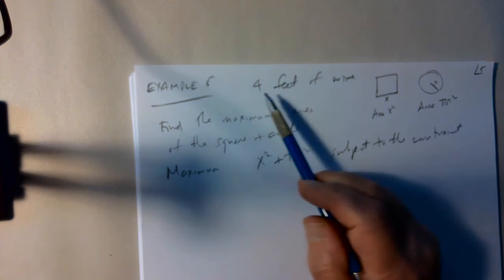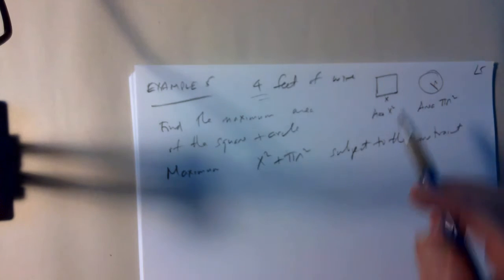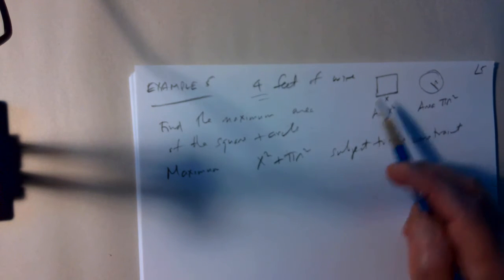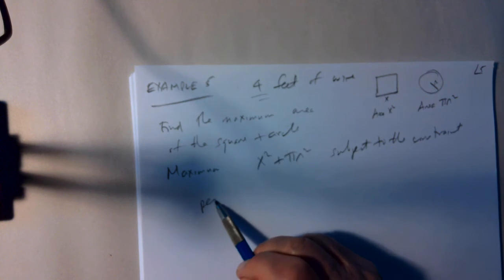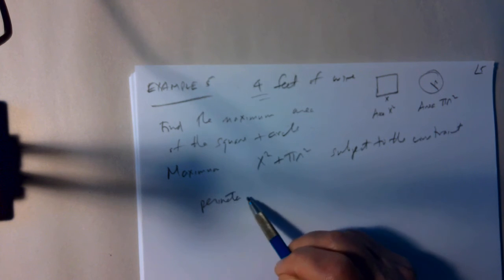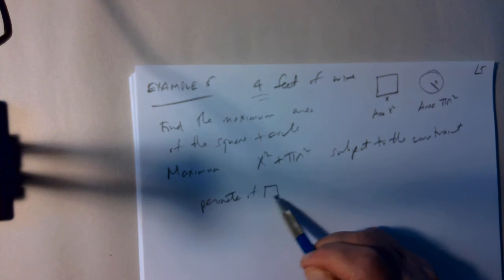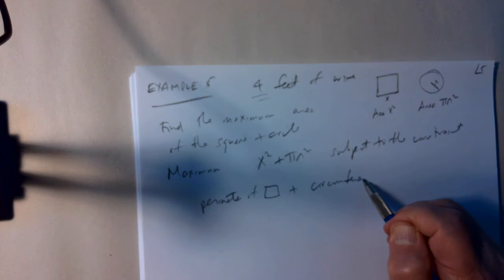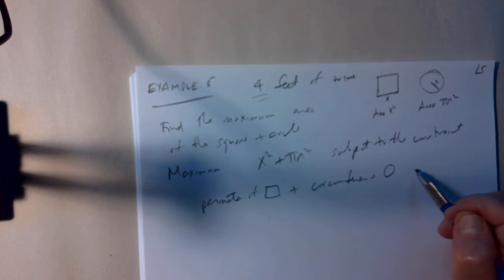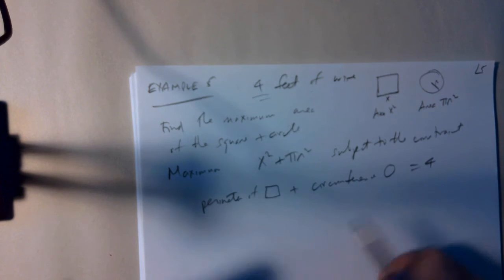The constraint is you only have 4 feet of wire. So the perimeter of the square plus the circumference of the circle, they have to be 4 feet long.